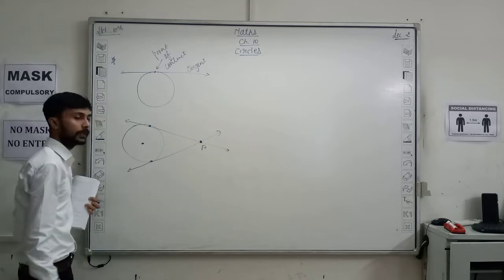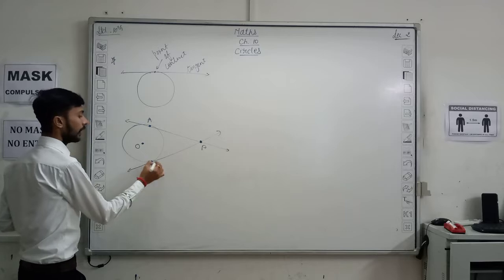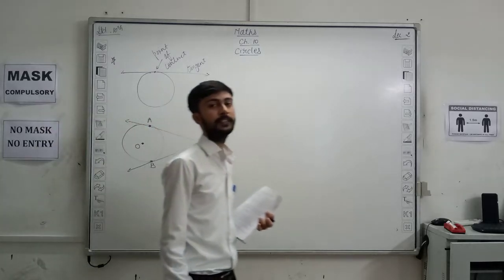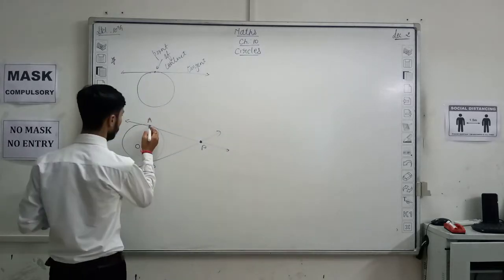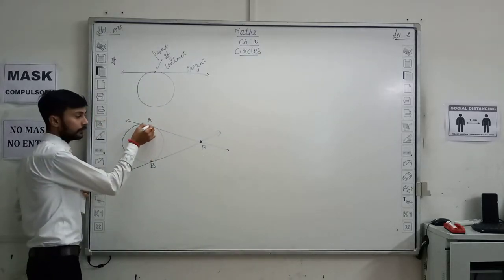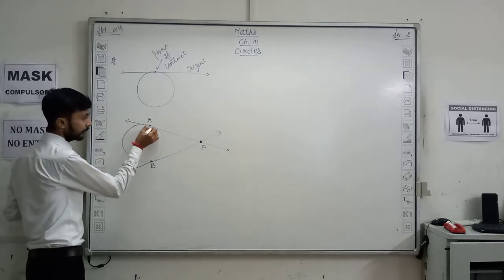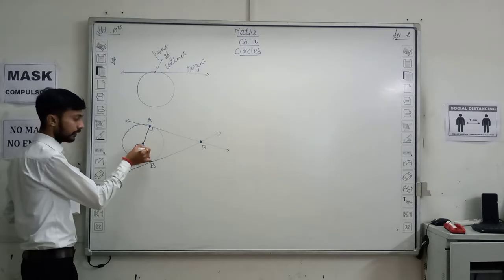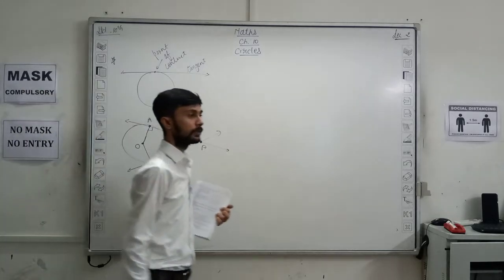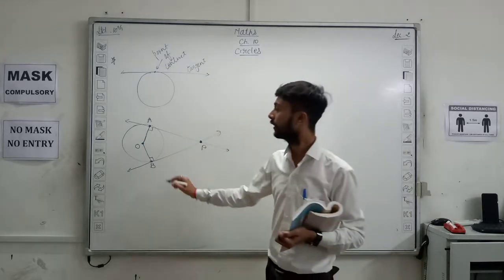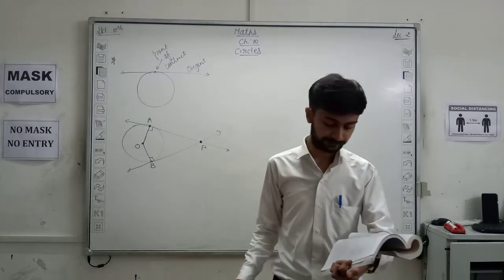Suppose P is outside of a circle with center O, then PA and PB are two tangents of that circle. And one more thing: the radius from the center to the point of contact is perpendicular to the tangent at that point.